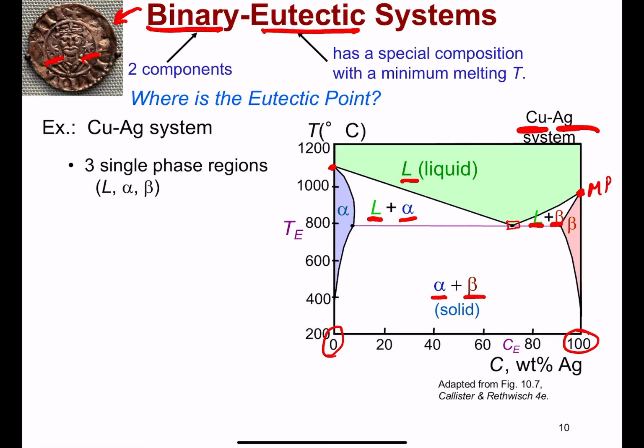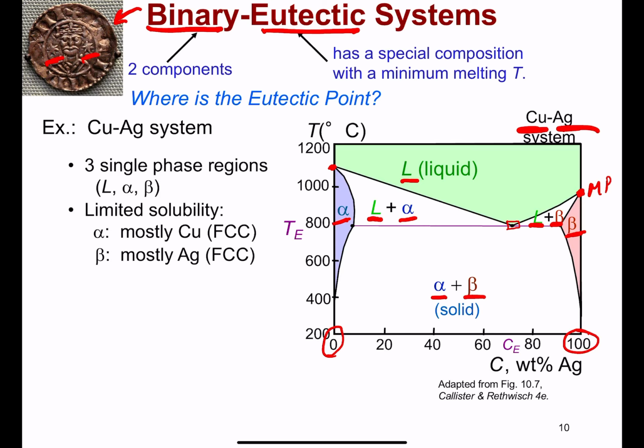At the extremes, where we have very low silver content, we have a pure alpha region. So this would be like pure cubic metal of copper. And at the other extreme, in pure silver, we would have the pure beta phase, which would be the cubic pack system of silver.